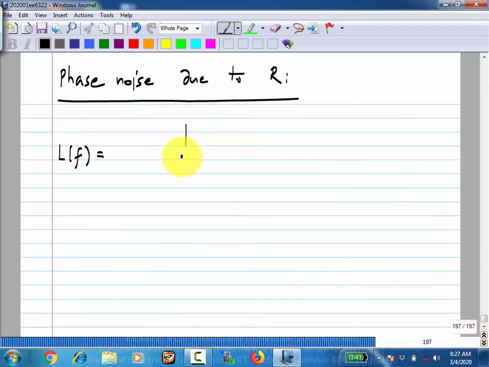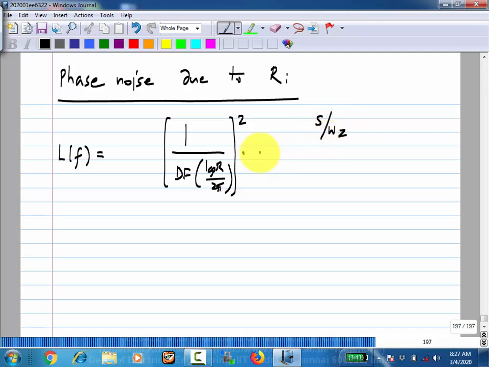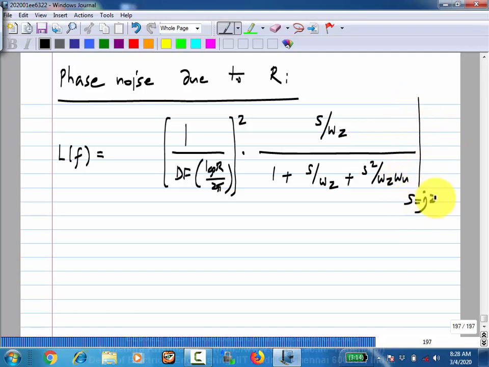We will have 1 by density factor ICPR by 2 pi, this whole thing squared, and then you have the transfer function, which has to be evaluated at J2 pi f, and you have to take the magnitude squared of that, right?